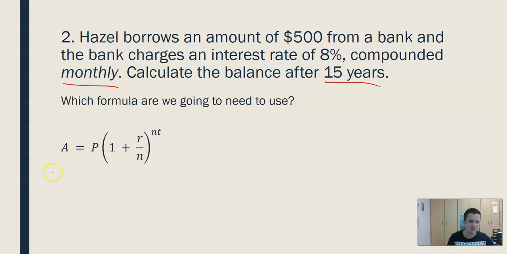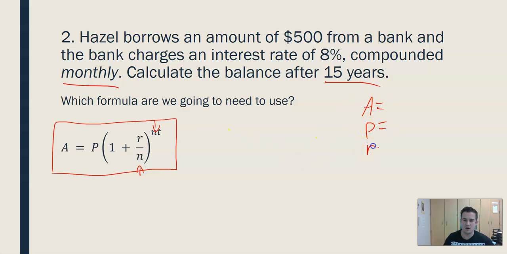Okay, so I'm going to be using this formula now because I need to take into account that this interest is compounded monthly. So let's identify all these values. So what is the end amount? What is my balance going to be? I don't know. That's what I'm trying to find. My principal, or the amount that I start with, is $500.